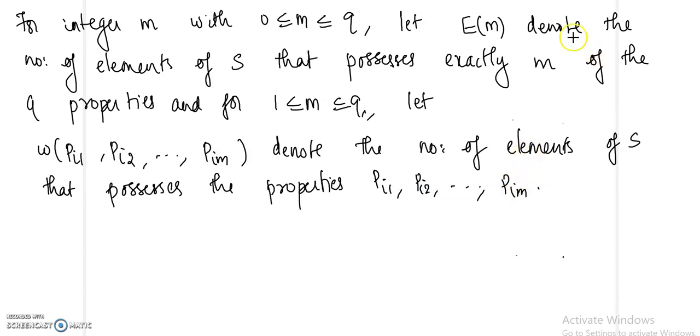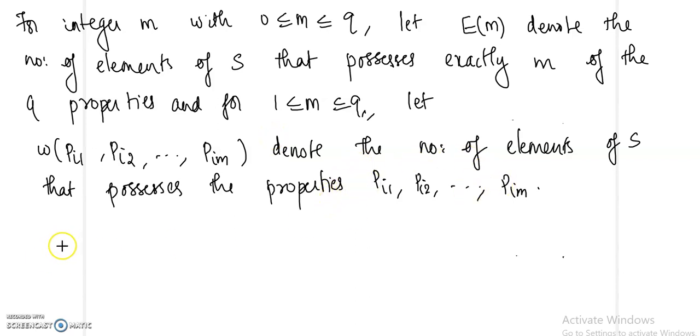Okay. So E of m is the number of elements of S that has exactly m properties, and omega of Pi1, Pi2, Pim is the number of elements that possess the properties Pi1, Pi2, etc. Pim.